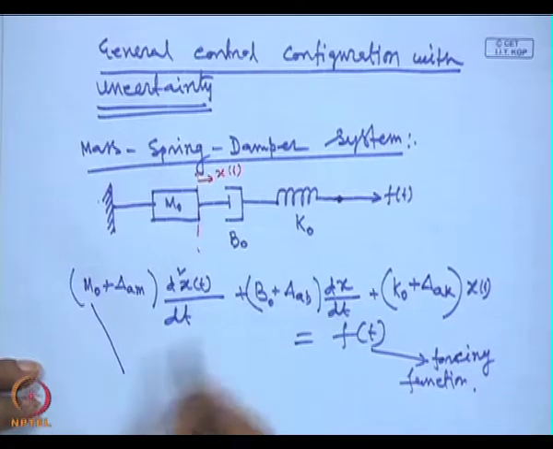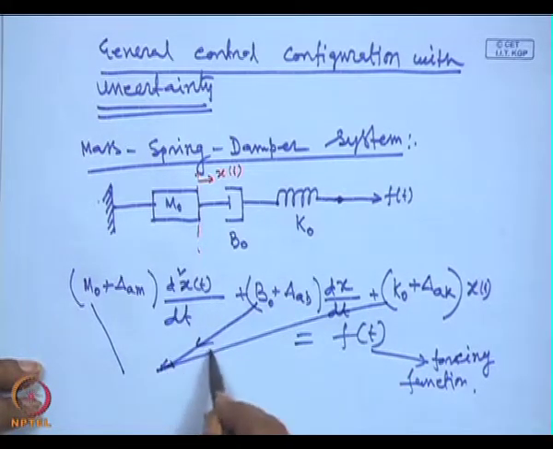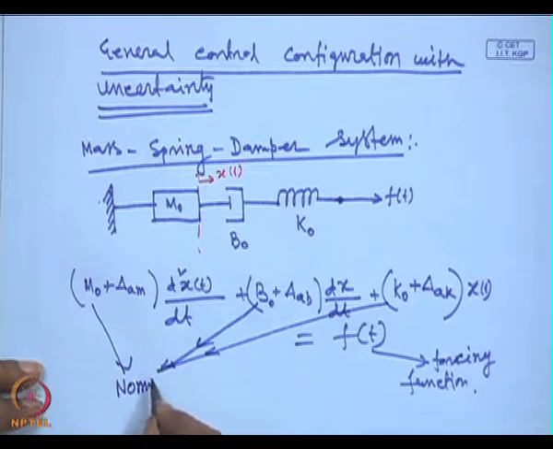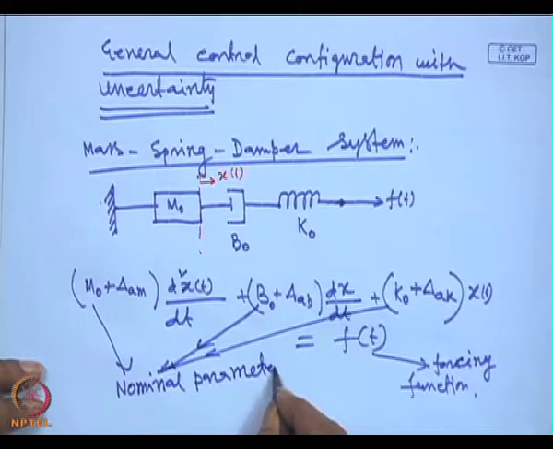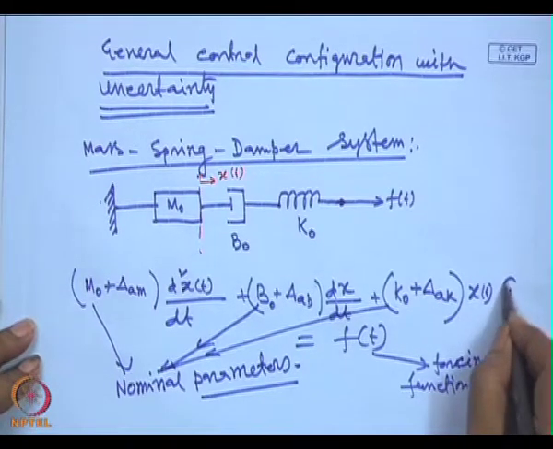Here m 0, b 0 and k 0 are all nominal parameters, and this is the forcing function. Let us call this equation number 1.